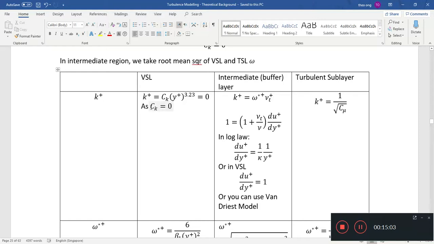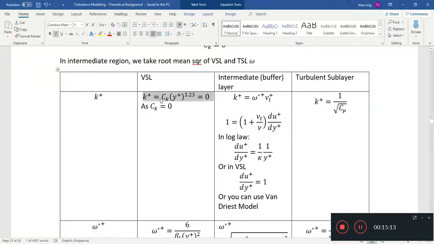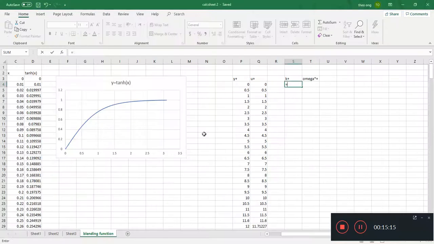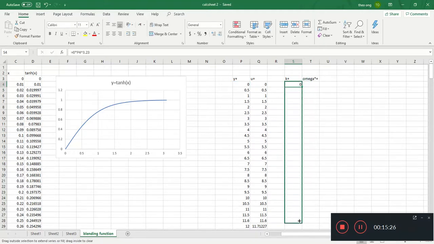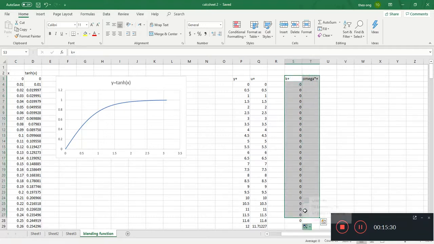Okay, so here in the viscous sublayer, K is 0. I'll just put CK equals 0, times y plus to the power of 3.23. It's kind of redundant, but I'll do it for completeness's sake, so to speak.